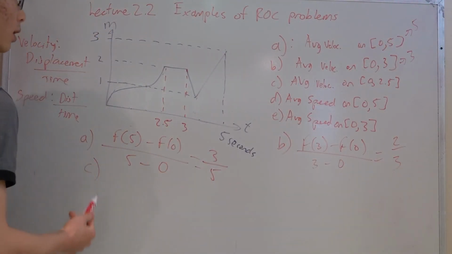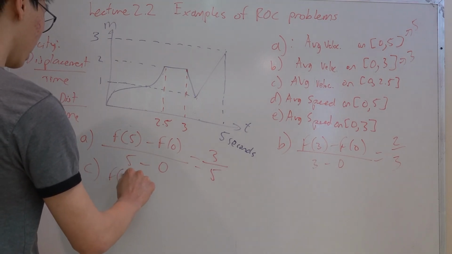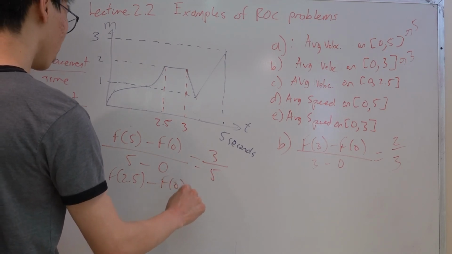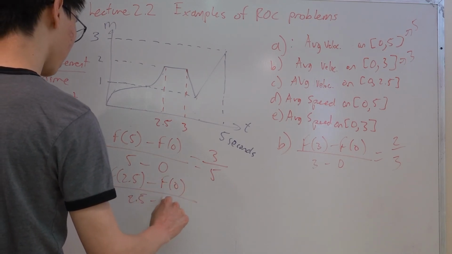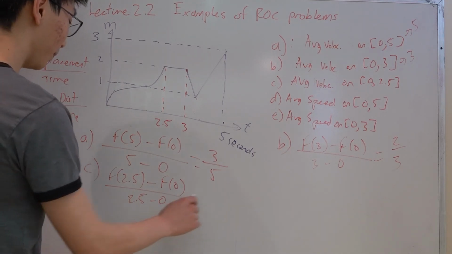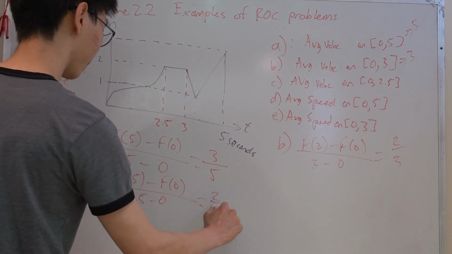The next part, I'm just going to machine gun fire through these. Again, in the exact same way, we get f of 2.5 minus f of 0, all of that over 2.5 minus 0. So hopefully you see this is the easier question to answer. This is equal to what? 2 over 2.5.